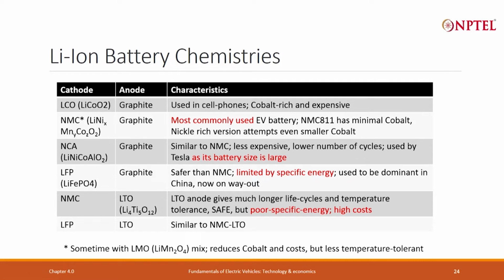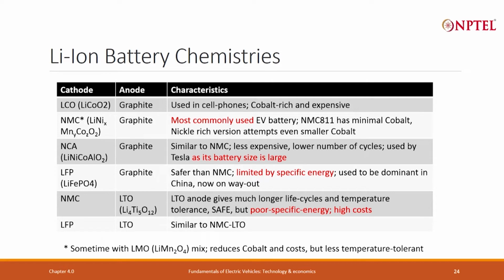NCA is used by Tesla for its batteries, very similar behavior, NMC and NCA. Now, NCA has one advantage, it does not have cobalt, and therefore can be less expensive. The disadvantage is it has a lower number of cycles, NMC has a higher number of cycles. So, Tesla still prefers it.